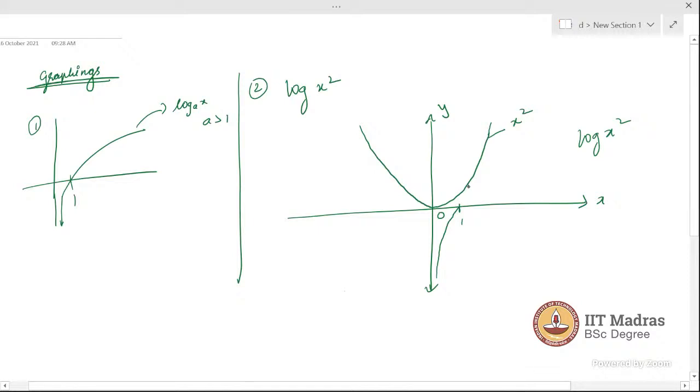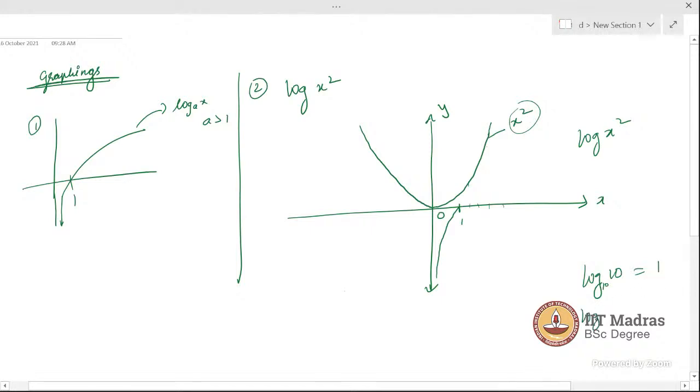Now you see, as the x value increases, how is this function doing? You basically have to look at this part. This is increasing, so as this increases, don't you see that log x square also increases? What is log 10? To the base 10, it's 1.